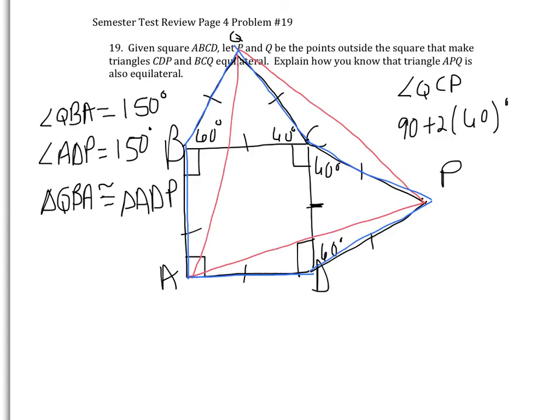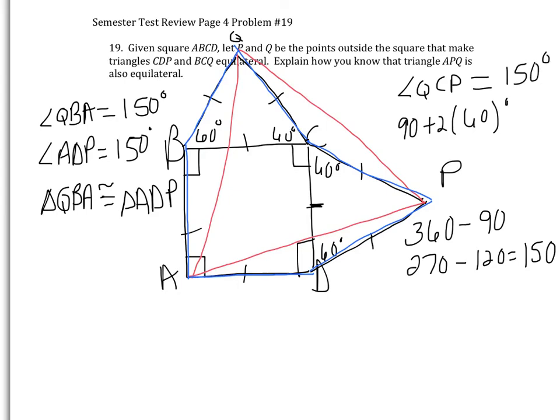Now I know around any point we have a total of 360 degrees. So if I take 360 and I subtract the 90, I get 270. And then if I take off the 120 that the 2 60-degree angles equal, I get 150. So therefore, QCP also equals 150 degrees.